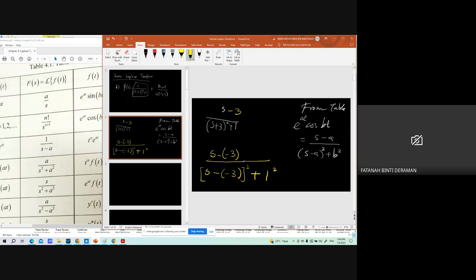Because we can see here a is minus 3, b equals 1. So obviously we can say that e to the minus 3t cos t equals 1, but the problem is here.